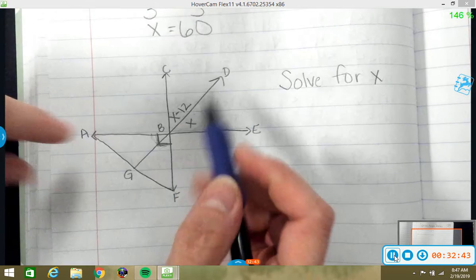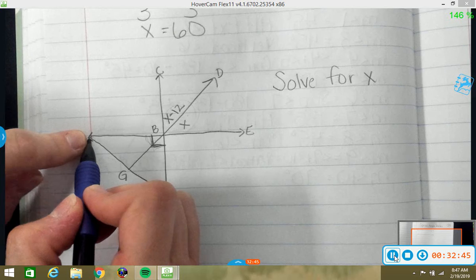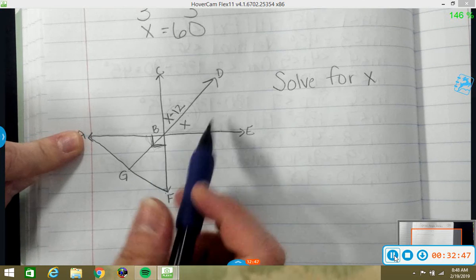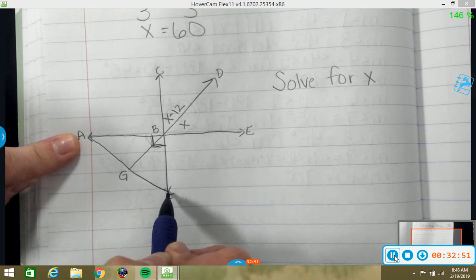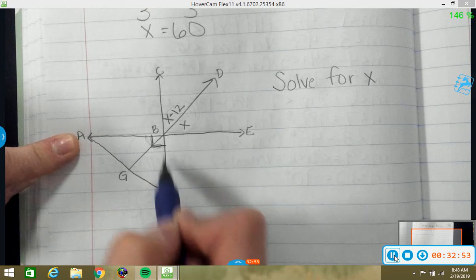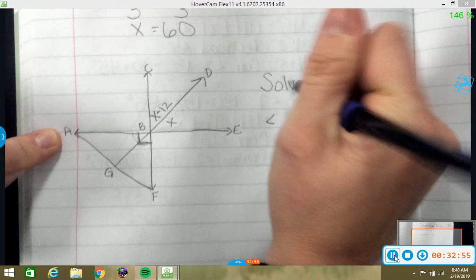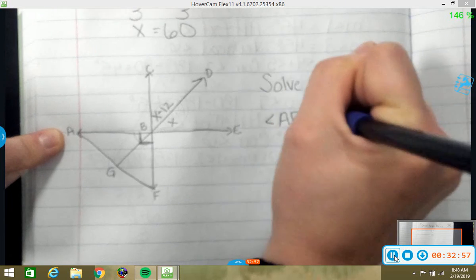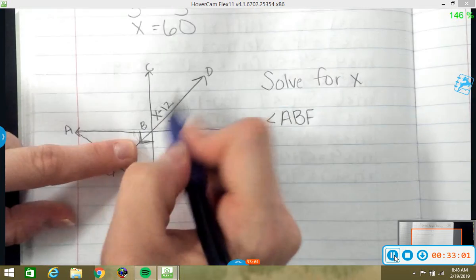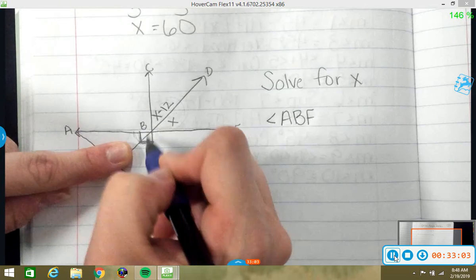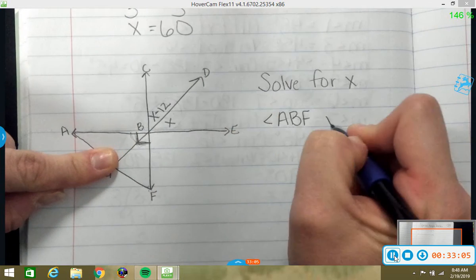Vertical. So look, I can say that angle ABF. So follow it kind of like a connect the dot. Angle ABF. So this angle right here is what? Angle ABF. We know it's 90 degrees, but what is it to this angle? Vertical.